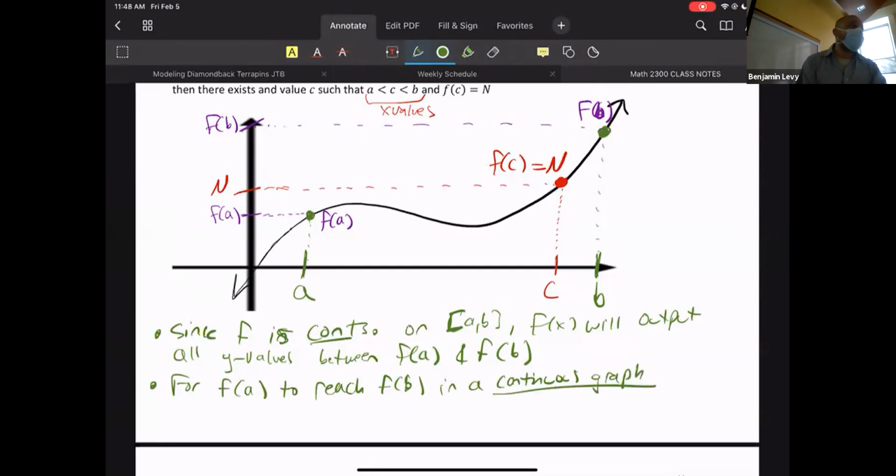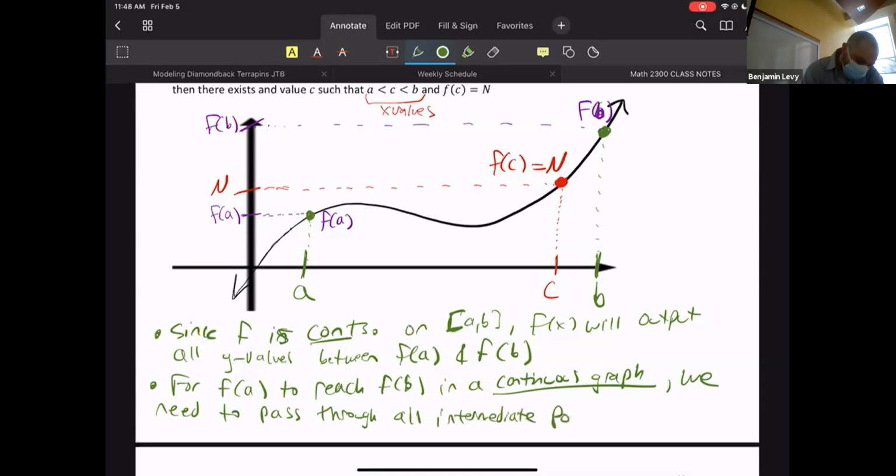You cannot say this unless it's continuous. In a continuous way, we need to pass through all the points between it. And what we're saying is n is in there somewhere.